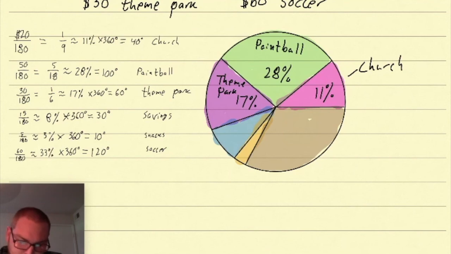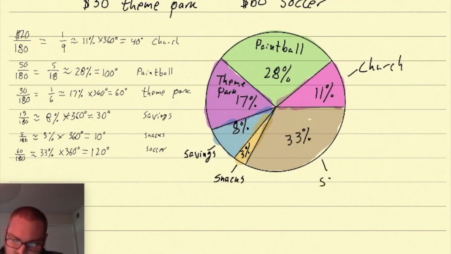Down here, this one made up a measly 8% and was for savings. Way down here, this made up 3%, and it was for snacks. And then the last one here, the big spending category, 33% on soccer.